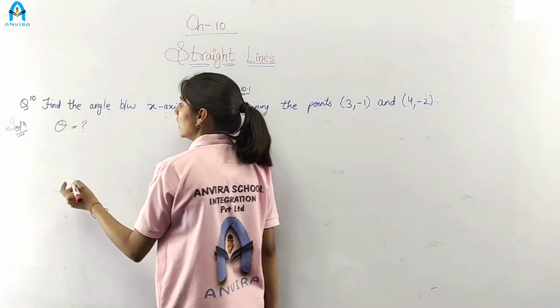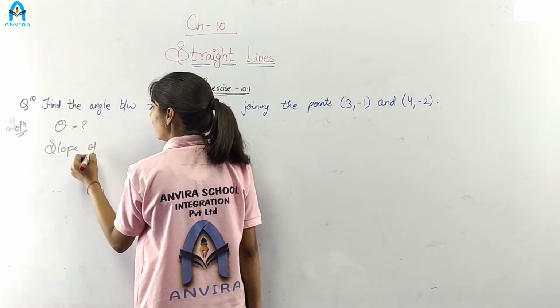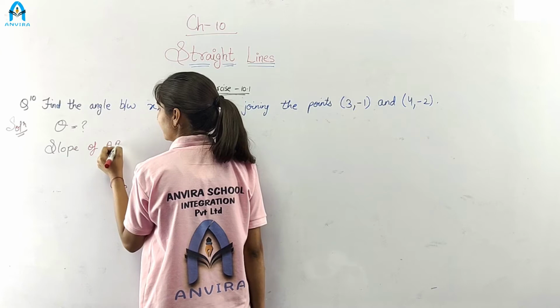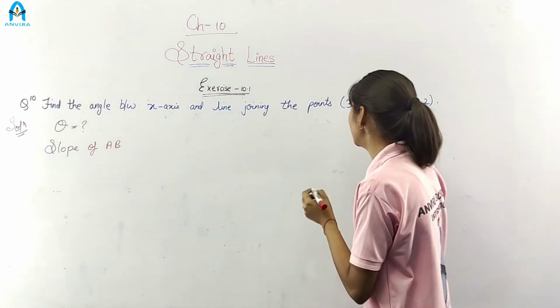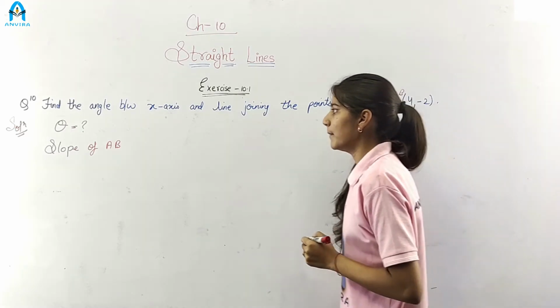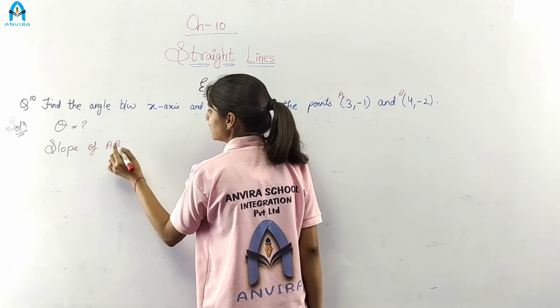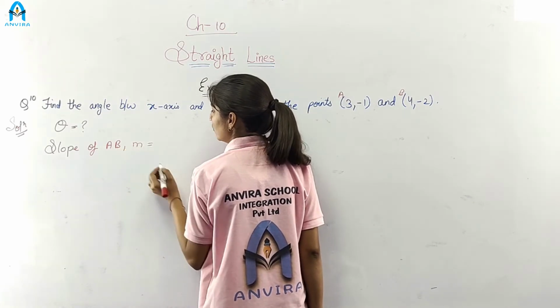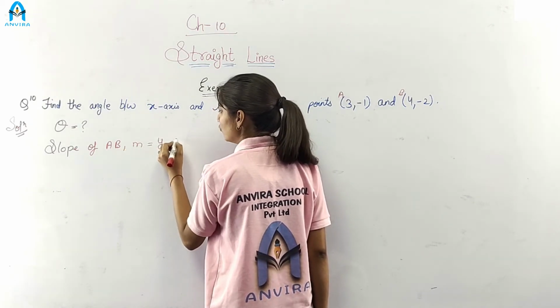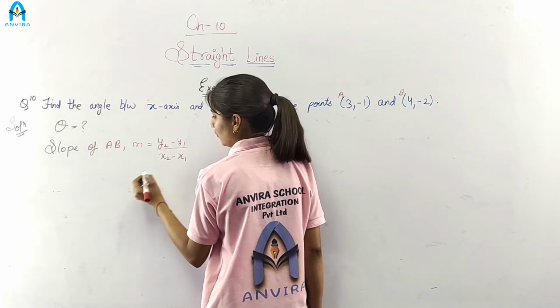So first of all we have to find out the slope. What is the slope of AB, where A is my point (3, minus 1) and B is (4, minus 2)? The slope of AB, that is m. And we know the formula for m is y2 minus y1 upon x2 minus x1.